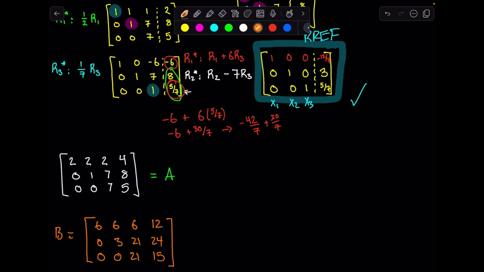Both of these matrices have the exact same answer. Even if I only multiplied the first row by, let's say, 10, so I had 20, 20, 20, and 40, and then I had 0, 1, 7, 8, and 0, 0, 7, 5, right? All of these matrices look starkly different, they look completely different, but it turns out they're what we call row equivalent.